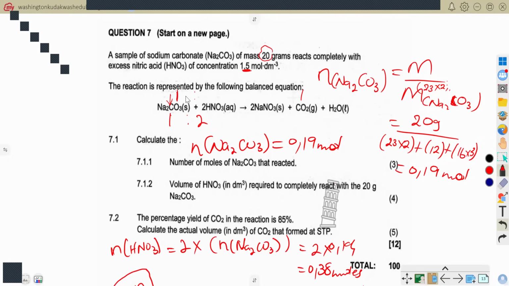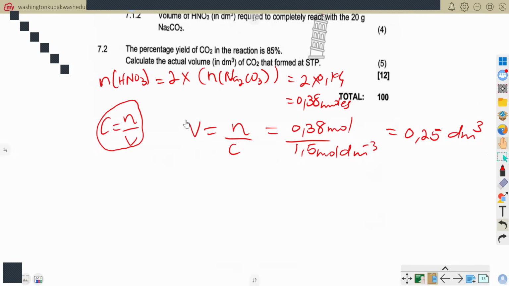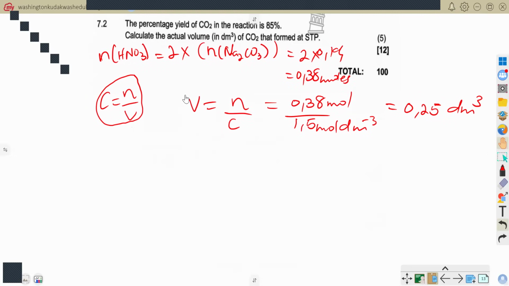So if I know the number of moles of sodium carbonate, I also know the number of moles of what? Of carbon dioxide. So let's look at how we would use that information to find the actual volume yielded in this reaction. Due to that mole ratio, the number of moles of carbon dioxide produced, according to the ratio, we call theoretical.